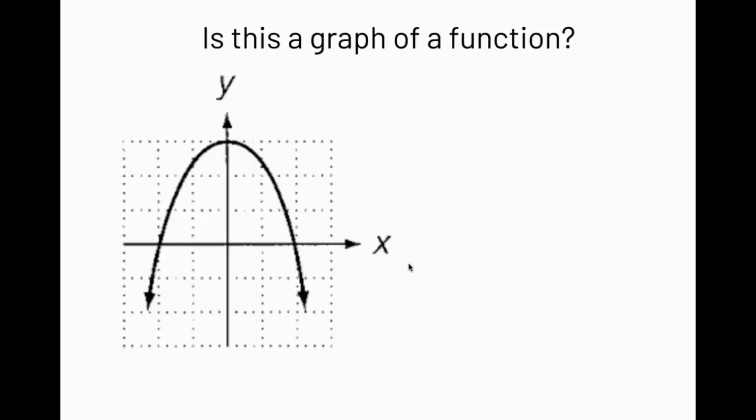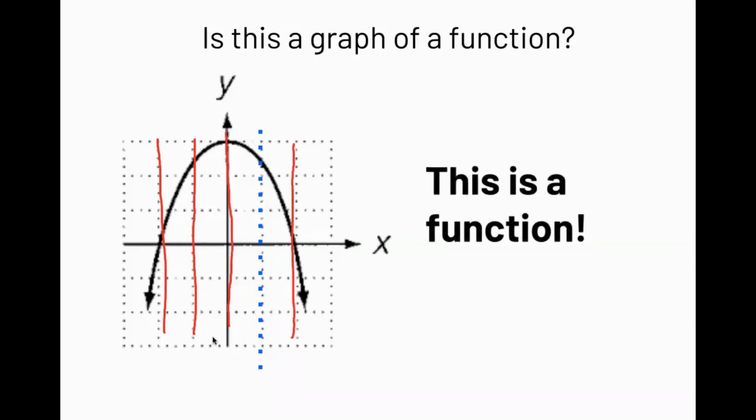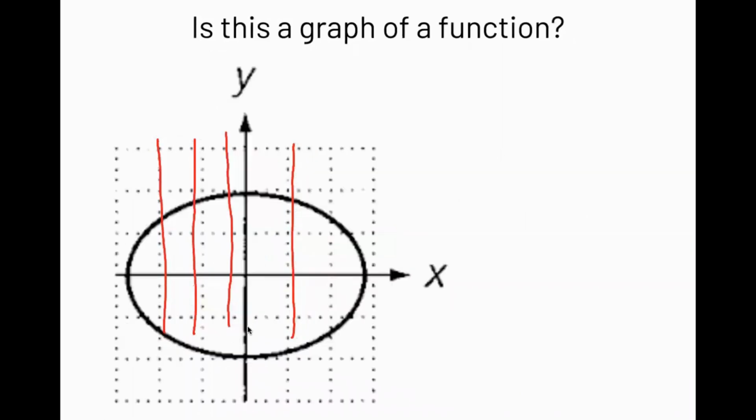Here is another example. We can go ahead and draw a line through any point on the graph. And if you keep drawing lines through your entire graph, you'll see that none of the vertical lines pass through more than one point on the graph. And because of this, this graph does represent a function.